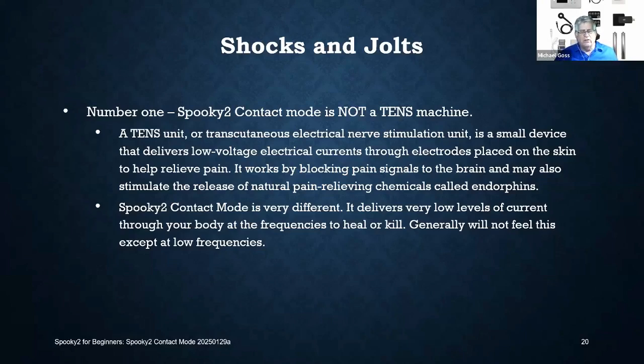But the deal is you can only feel that stuff at about 10,000 hertz or less. And so Spooky has stuff built into the software that says, okay, if it's lower than 10,000, it can reduce the amplitude so you don't get zapped as much. And it can also ramp it up so it's a little slower, so it's not a sudden zap. None of that is good enough for me, I can tell you that.